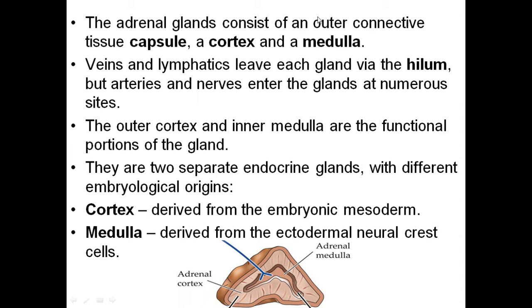So the adrenal gland consists of a connective tissue capsule, the cortex and the medulla, and it also contains a hilum through which the vein and the lymphatics enter or exit the gland.